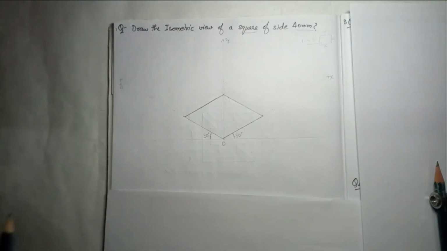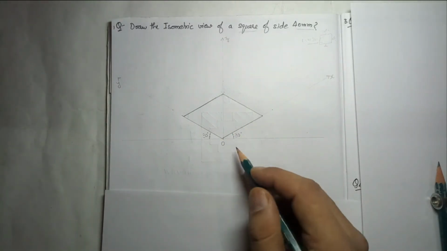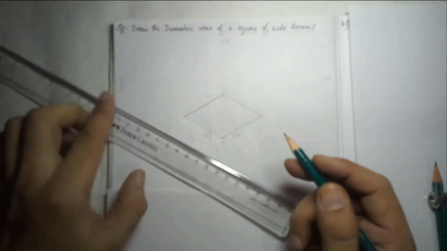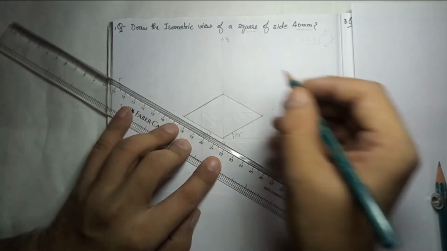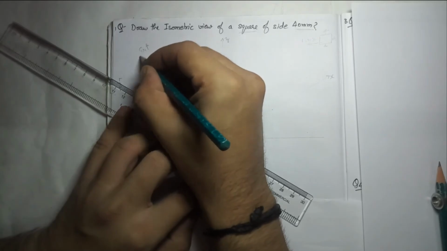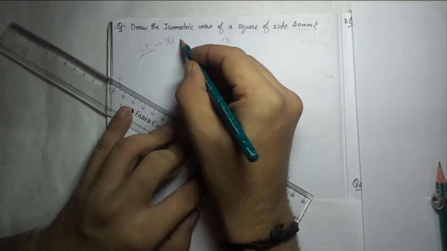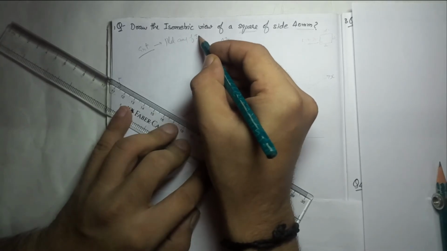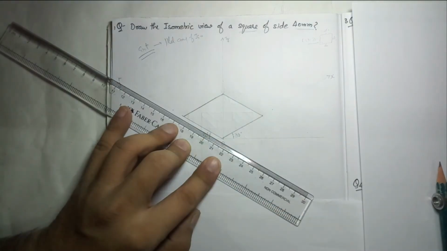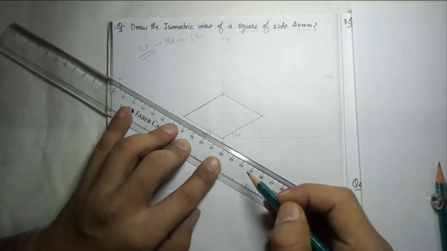Now we will do the dimensioning. Whenever we give dimensions to our object in an isometric axis, remember that all the rules are the same, just like orthography. Only the extension lines are different: the extension line should be parallel to any of the iso axes, meaning parallel to OX, OY, or OZ.